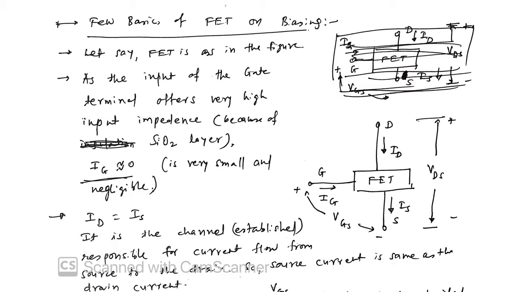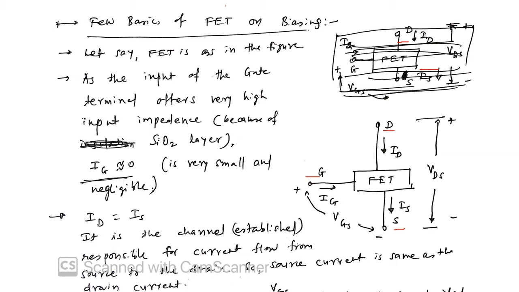Yeah, a few more basics about the FETs. Let's say this is a FET. There are three terminals: the source, gate, and drain. The drain current, the source current, and this is the gate current.